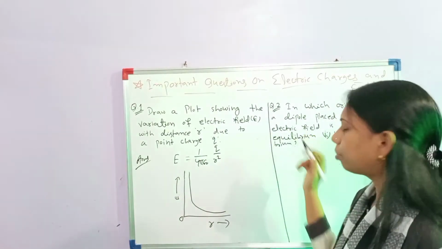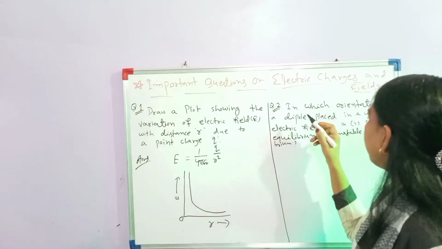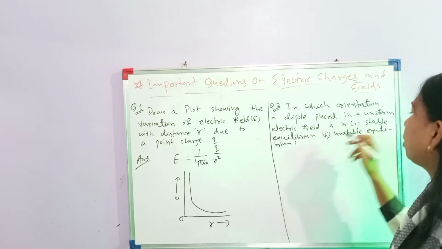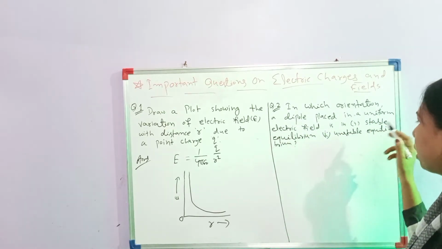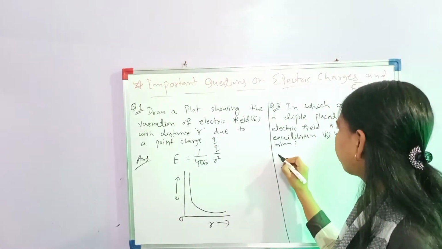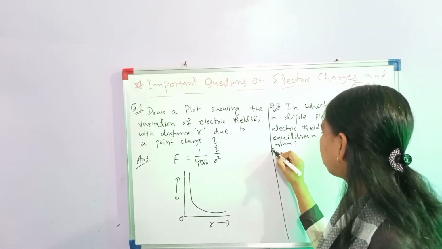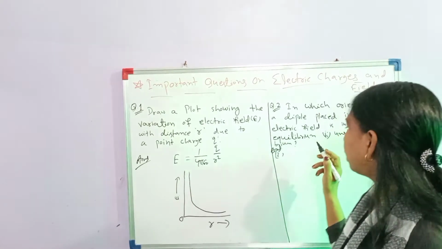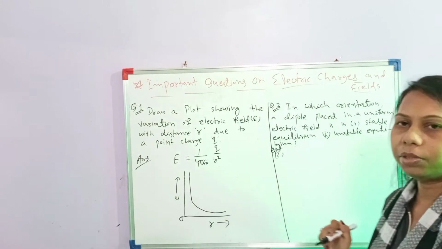Next, question number 2. In which orientation is a dipole placed in a uniform electric field in stable equilibrium? Second, unstable equilibrium. Remember, for stable equilibrium, the direction of P and E will be same.